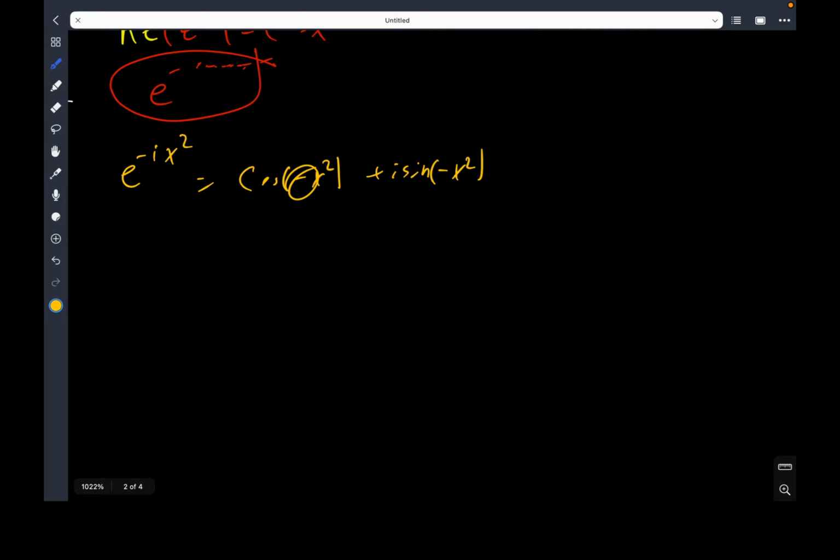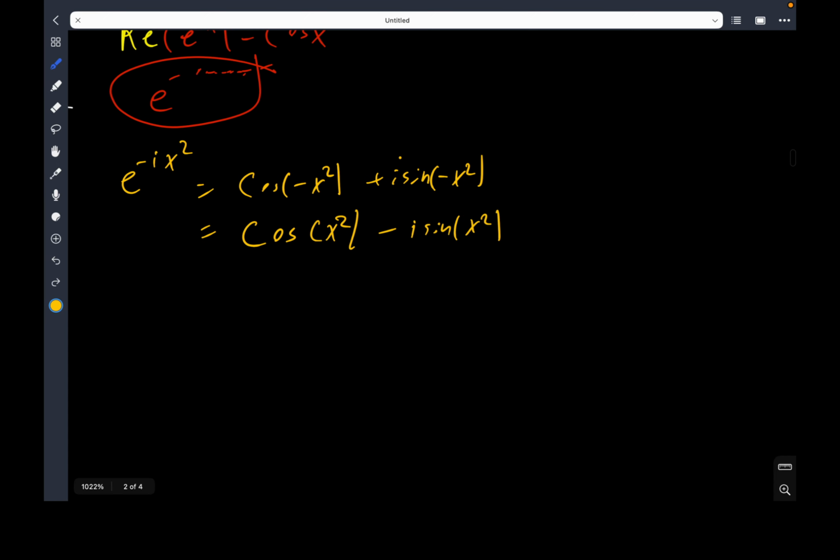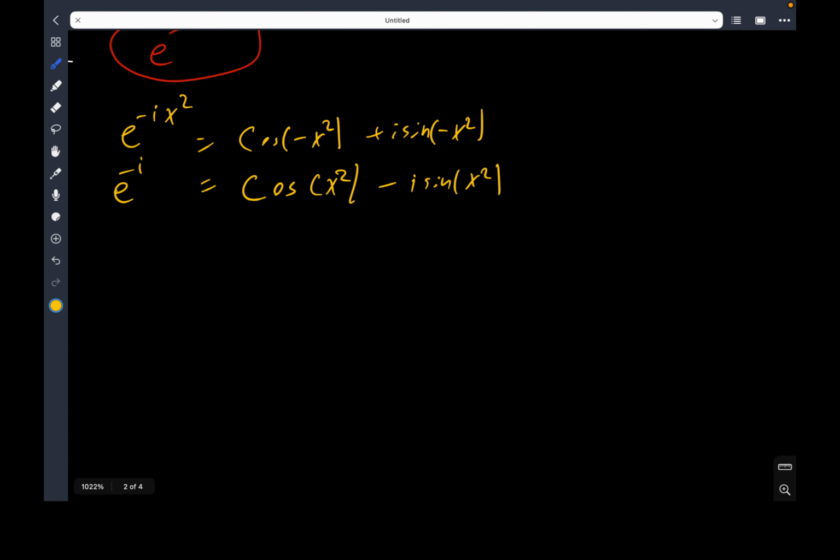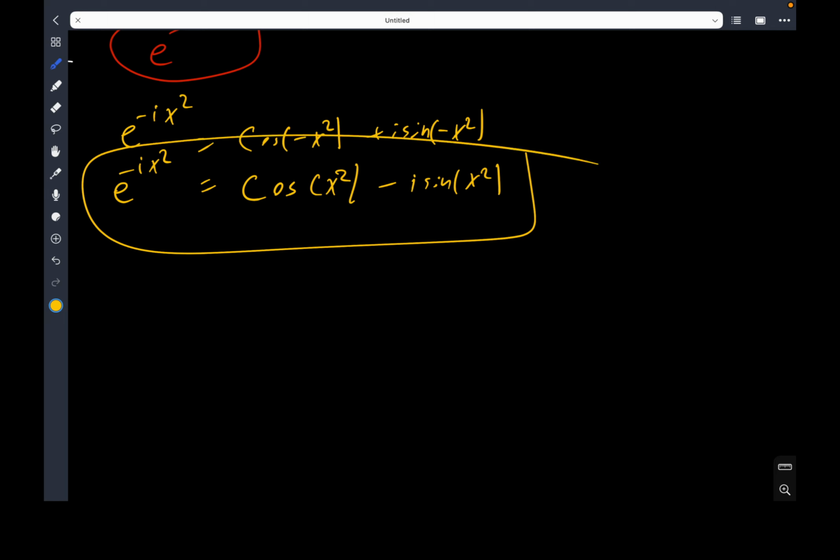The cosine function absorbs the negative sign because it's an even function, so I'm going to have cosine of x squared minus i sine of x squared, because the negative gets out of the sine function because it's an odd function. We can write e to the negative ix squared as that.